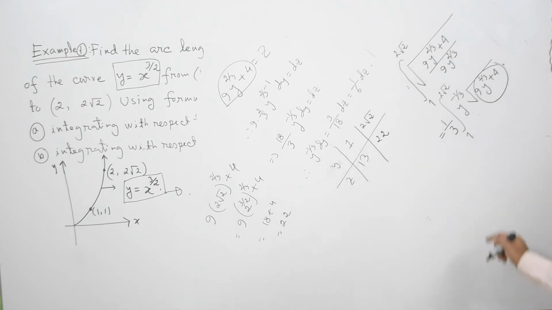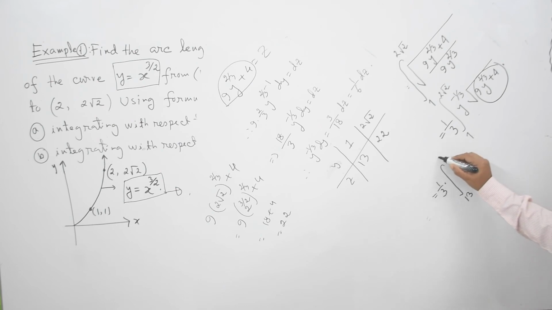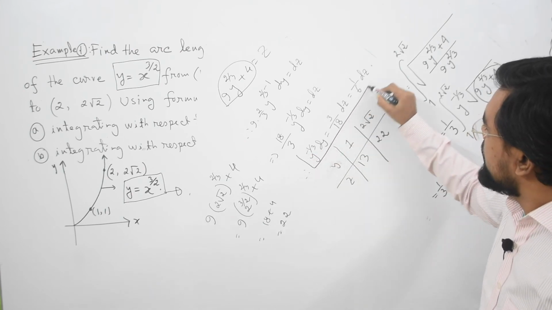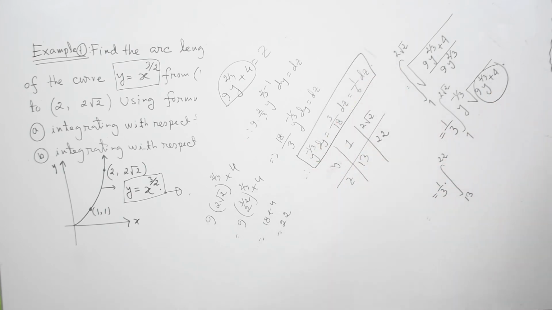So let me put this result here. In this integral we have 1/3, 13 to 22, y to the power, this one is equal 1 by 6 dz.